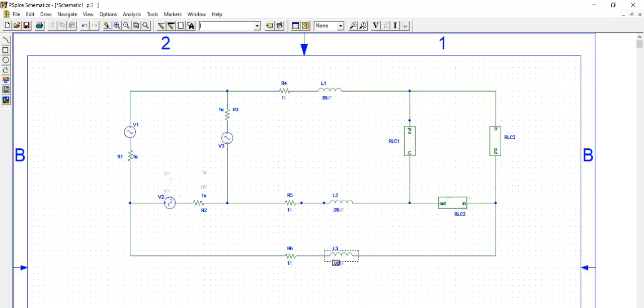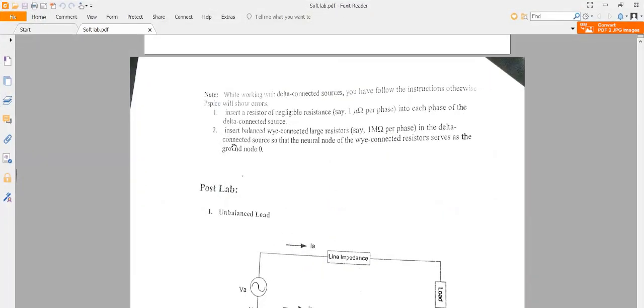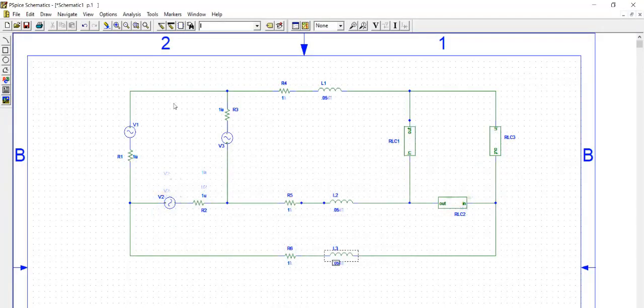Now in the second point, we are told that we have to insert balanced Y connected large resistors in the delta connected sources. So again we have to enter a Y connected resistance here. So select resistance and place them.